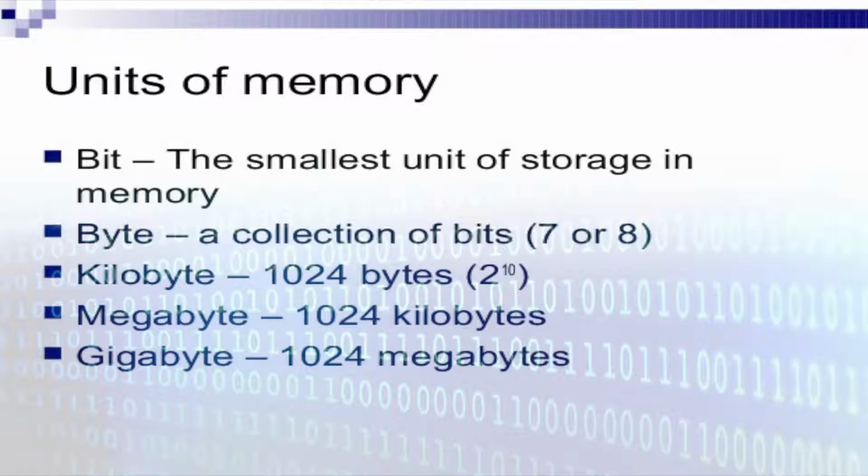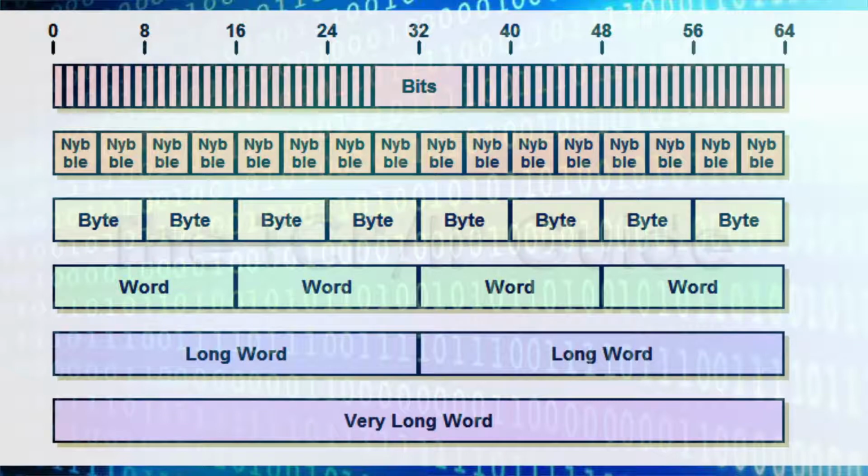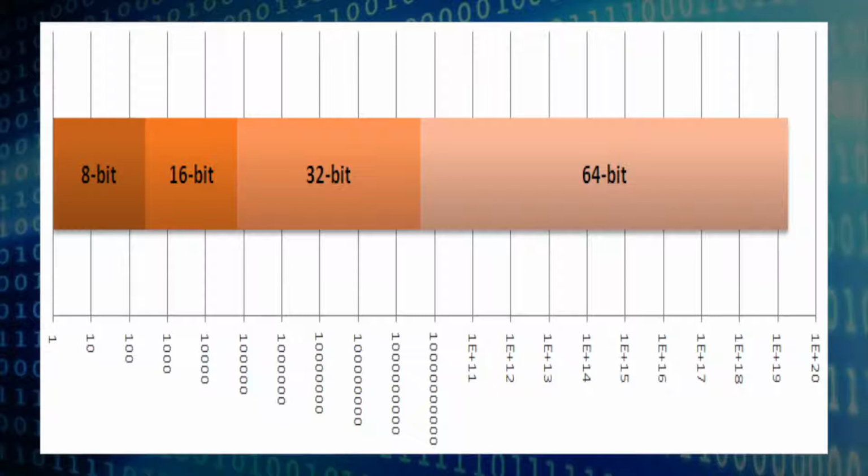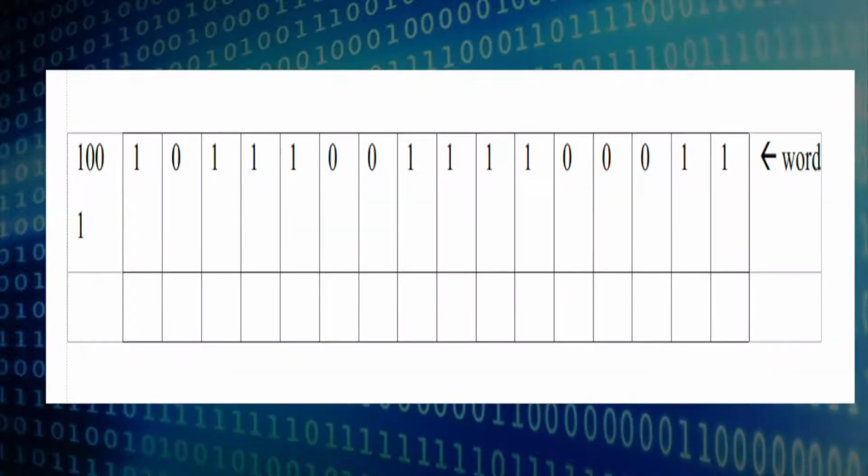You all know that a group of 8 bits is a byte. A group of bytes makes a word. Word size refers to the number of bits processed by a computer's CPU in one go. These days it is typically 32 bits or 64 bits. A simple way of looking at memory is shown on the screen.